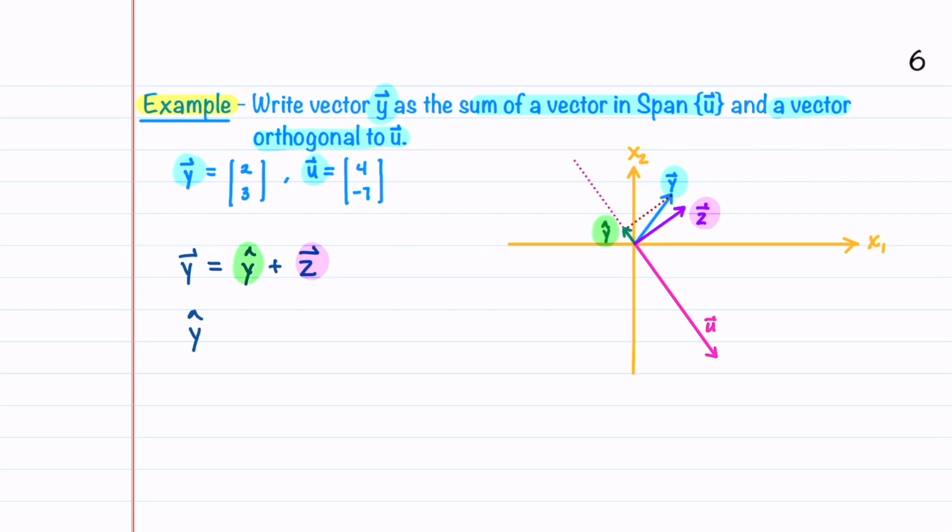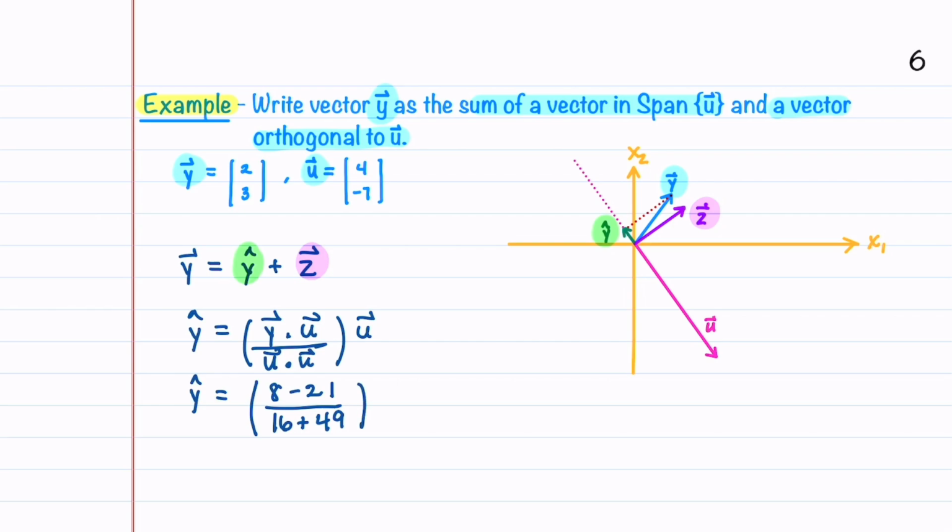Our vector y hat is equal to y dot u divided by u dot u times vector u. Let's go ahead and compute what that is. We have y hat. Now we're going to take the dot product of y and u. So that's going to be an 8 minus 21 on the top. And then u dot u is going to be 16 plus 49, and we're going to multiply this by our vector u, which is 4 minus 7. 8 minus 21 gives us a minus 13, and 16 plus 49 is equal to 65.